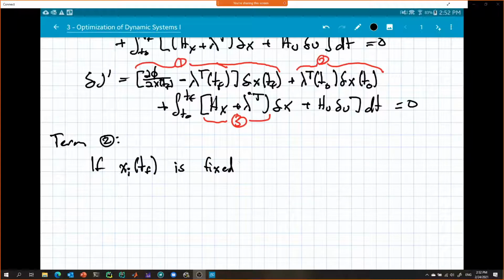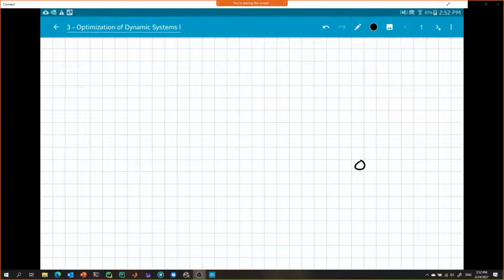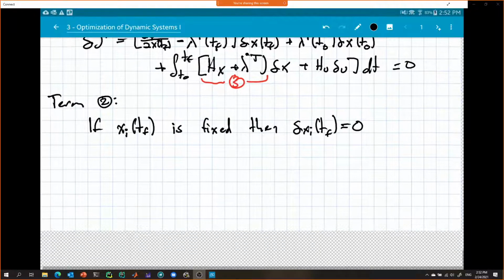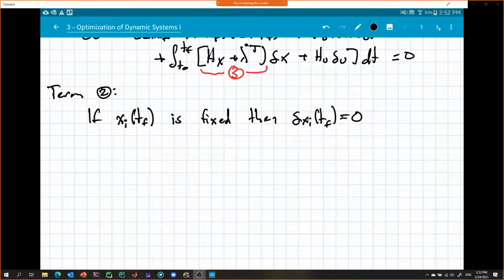So if the ith term in x at the final time is fixed, then the variation of that term is equal to 0. Does that make sense to everyone? Because I can explain it more if it doesn't. Okay, great.